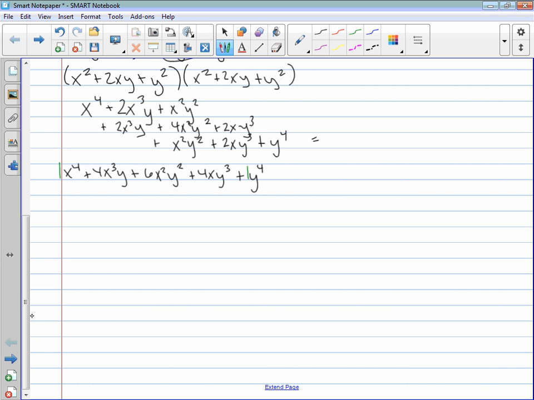So, without working it out step by step, if I gave you example 2, x plus y to the 7th power, instead of taking all of this and multiplying by more x plus y's, what do you think? Well, I'll set it up like this.